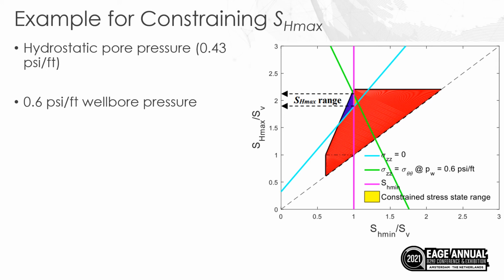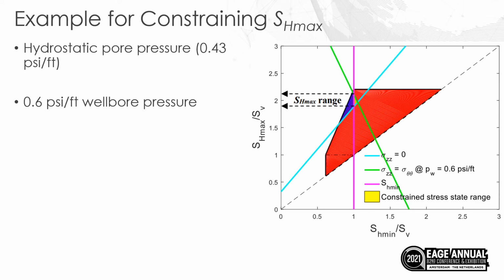We draw those lines, the green line and the cyan line, and then we have another line, the magenta line. This line is indicating the SH mean, and the value of SH mean is easily estimated using leak-off testing data.